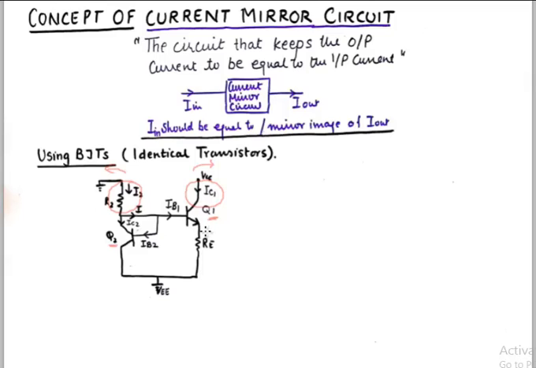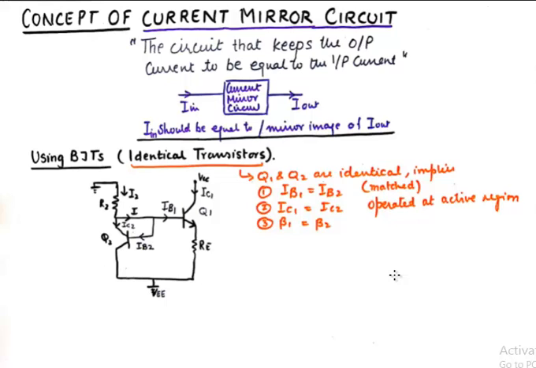Of course, these two transistors are identical and they are arranged in a specific way so as to satisfy this condition. The condition that needs to be satisfied is that I2 should be equivalent to IC1. So let's see how that happens in a current mirror circuit using two identical BJTs.